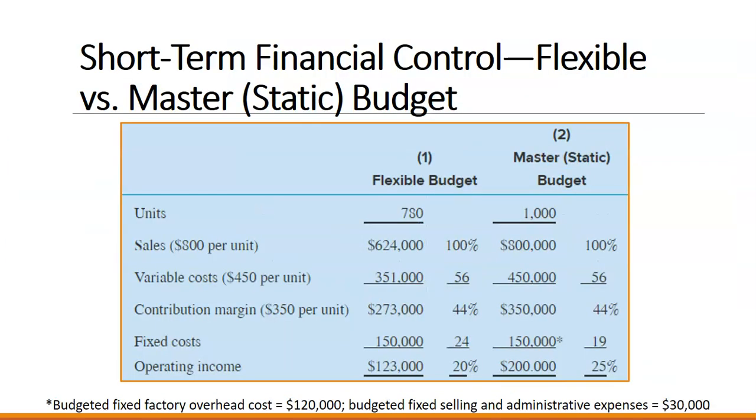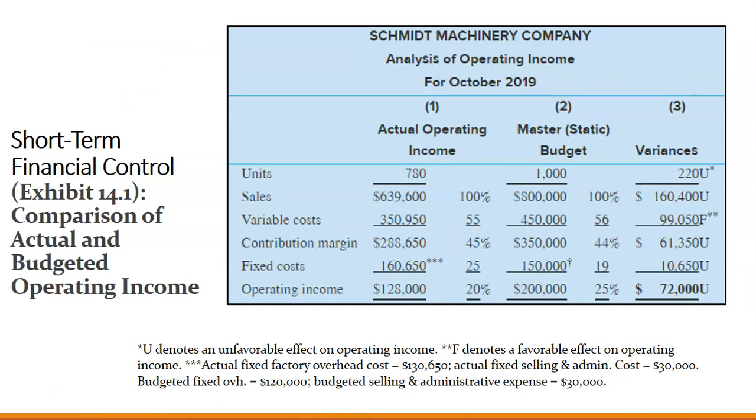We would want to create a flexible budget to compare our master static budget to, and also look at our actual numbers. Our master static budget was for 1,000 units, but we can see here that our actual operating income is based on 780 units.